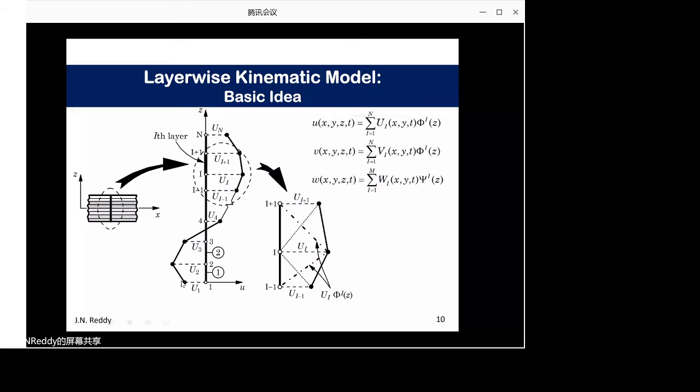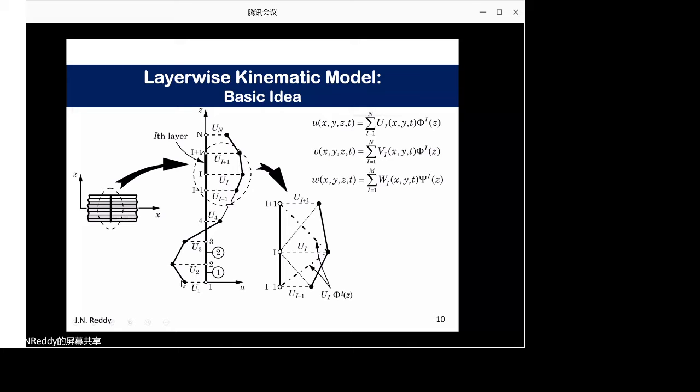If it is continuous, then you cannot have the derivative with respect to z be discontinuous, because it's a continuous variation. There's no discontinuity there. So here we are saying layer-wise we create a theory that will allow the layer-wise representation of the displacement field. So that is this expression here.